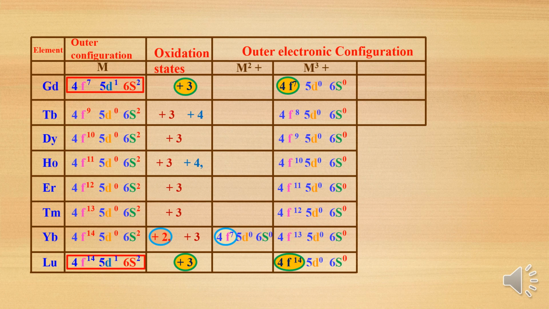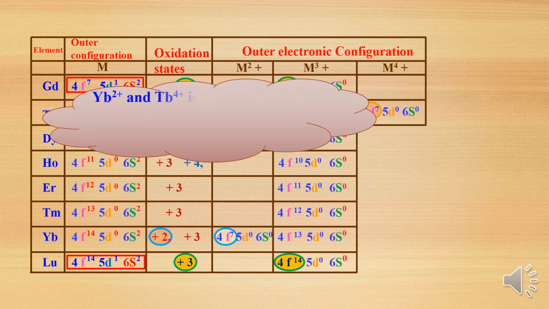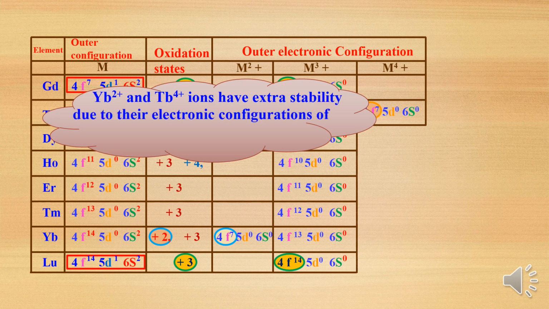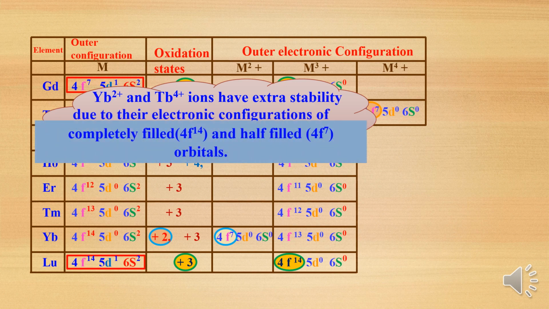In the same way, terbium possesses the plus 4 oxidation state, and the other element also possesses the plus 4 oxidation state. Here also you can see the electronic configuration with respect to plus 4. Half filled orbitals are extra stable, so it will achieve 4f7. So these ions have extra stability due to their completely filled and half filled configurations.